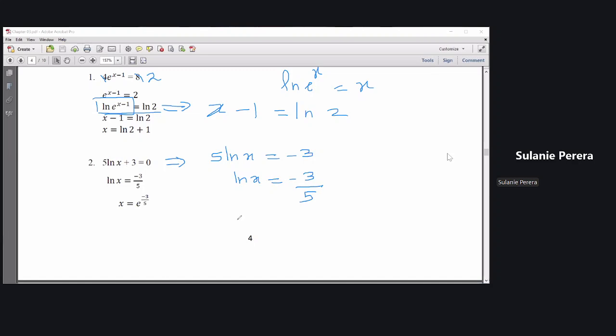So I take e on both sides. e to the ln x is e to the minus 3 over 5. e to the ln x is x, so x equals e to the minus 3 over 5. So remember once again the two rules: e to the ln x is x, and ln e to the x is also x.